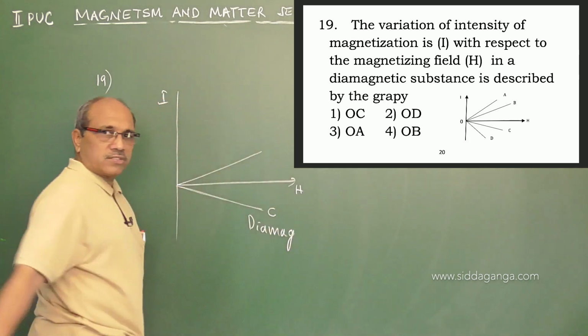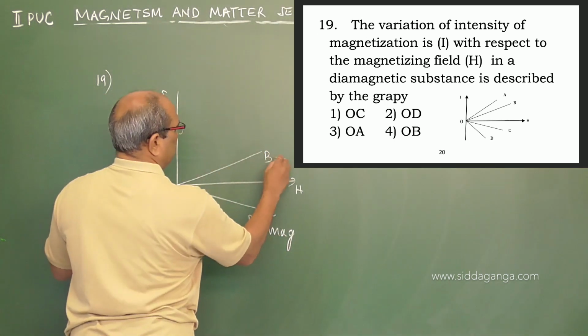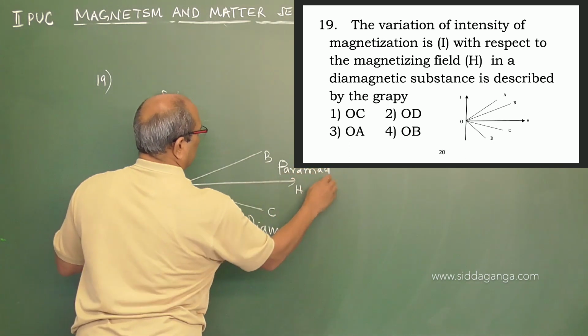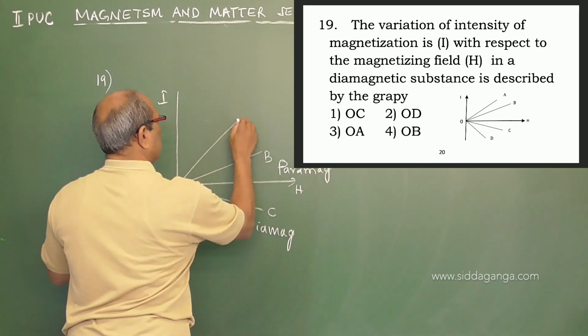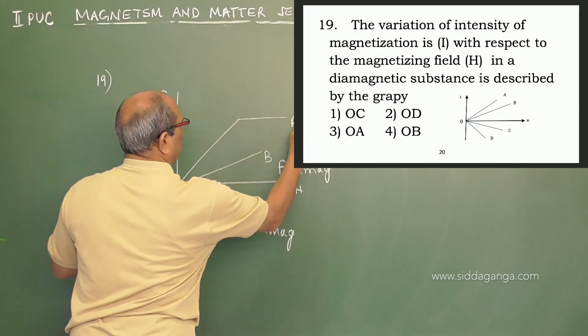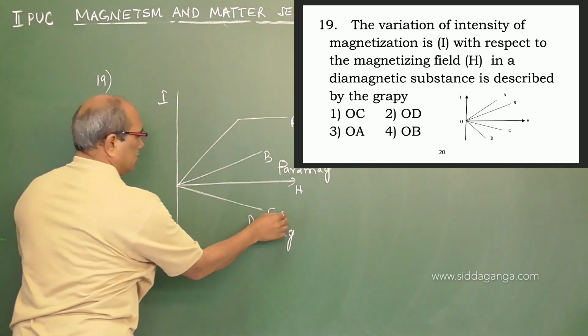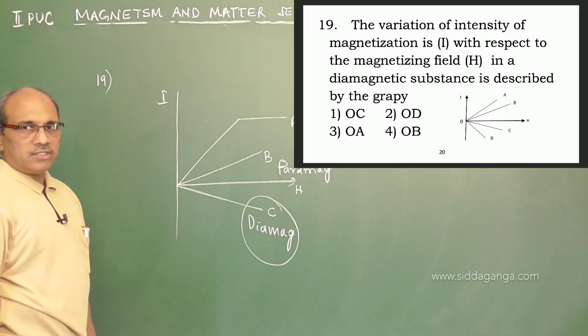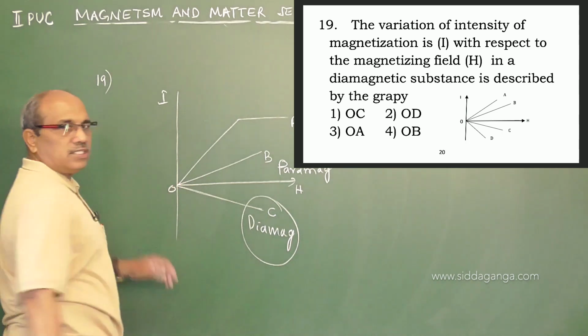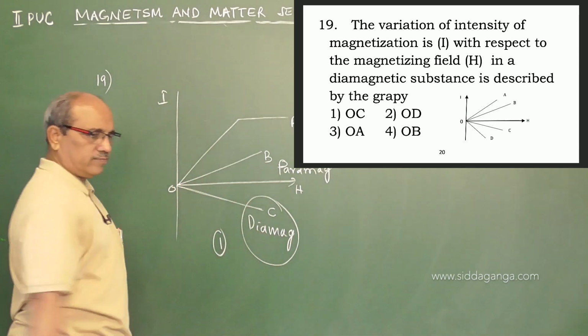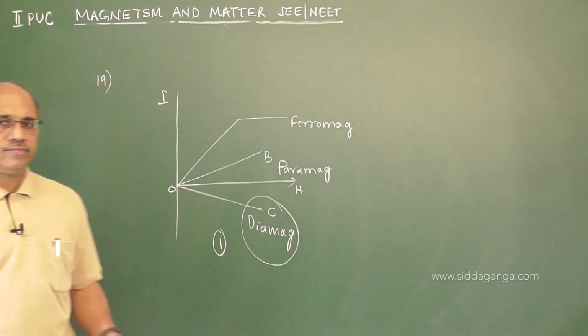Slow response in the case of paramagnetic. And high response but it gets saturated in the case of ferromagnetic. Here that figure is not given, but this is the answer. The curve OC represents the diamagnetic, option number 1. Come to the next.